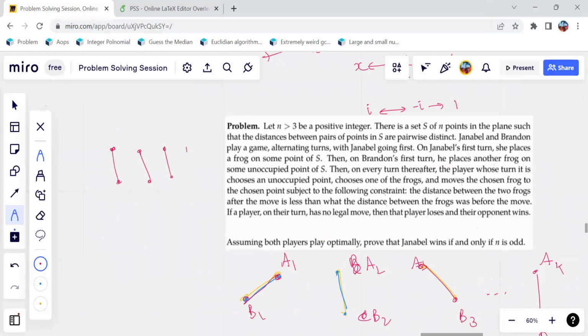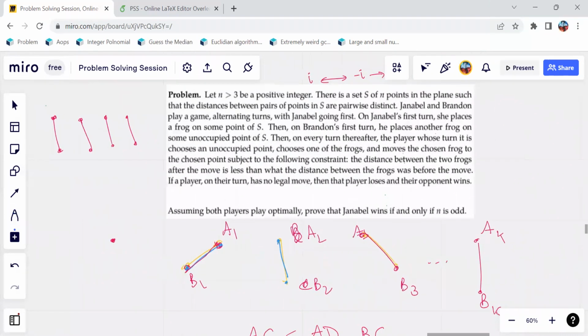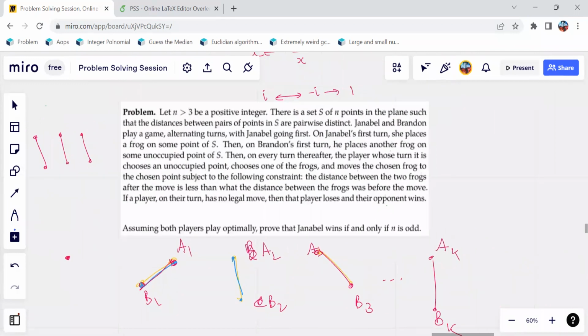You do the pairing, but there's one remaining. It does depend on how exactly you chose these A1, B1. Shortest across everything, then remove those two, then the remaining shortest, and so on. Now you have one extra point left. So you play there, and then wherever B plays, you play at its pair. I see. Okay, makes sense.